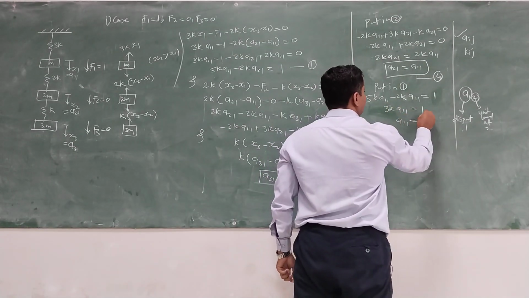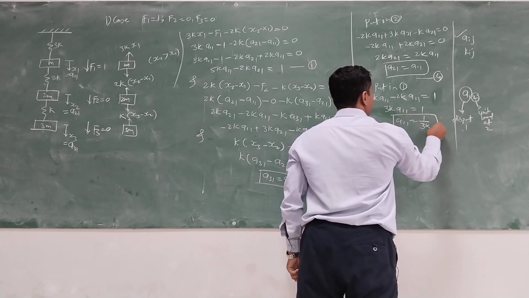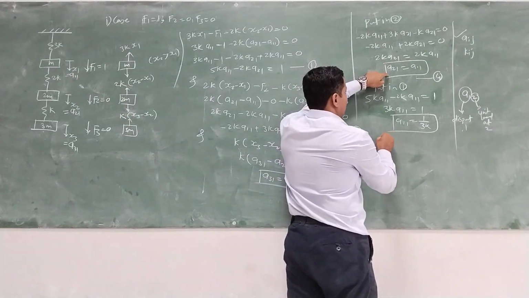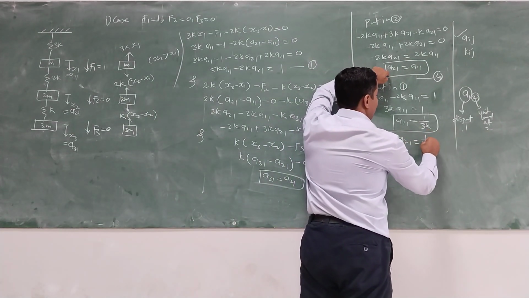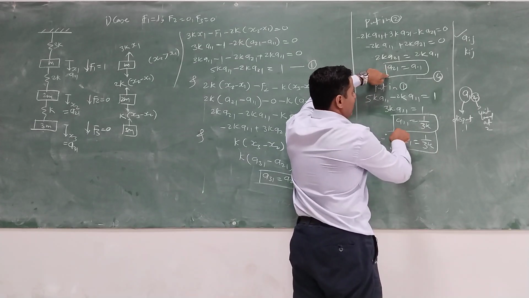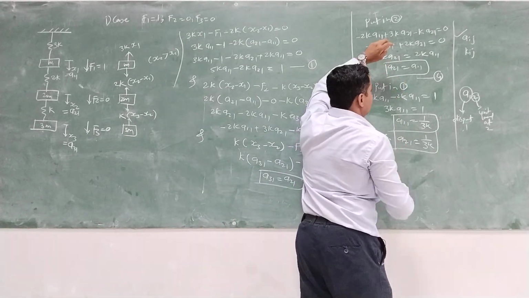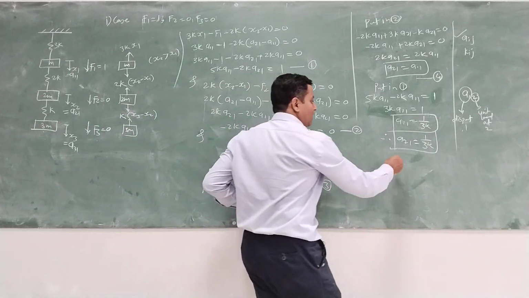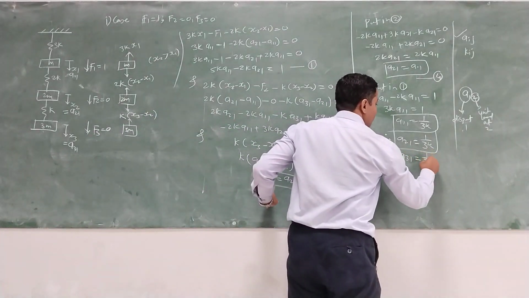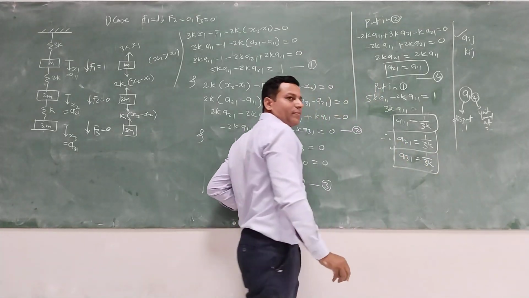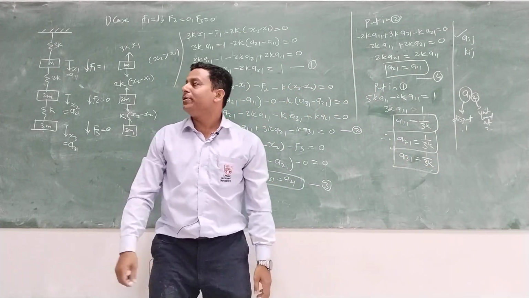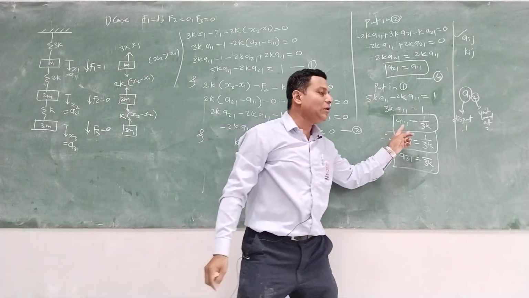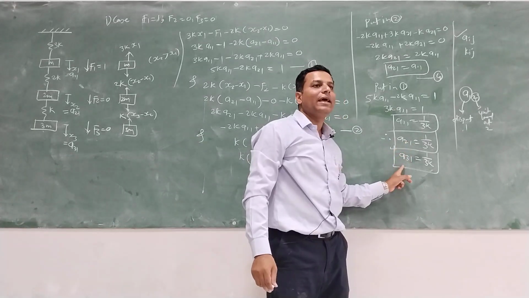So A11 is equal to... from 4, therefore A21 is equal to A11. Now from 3, A21 is equal to A31. So A31 is also the same. So by using the first case, F1 equal to 1, we have the values of A11, A21, A31.